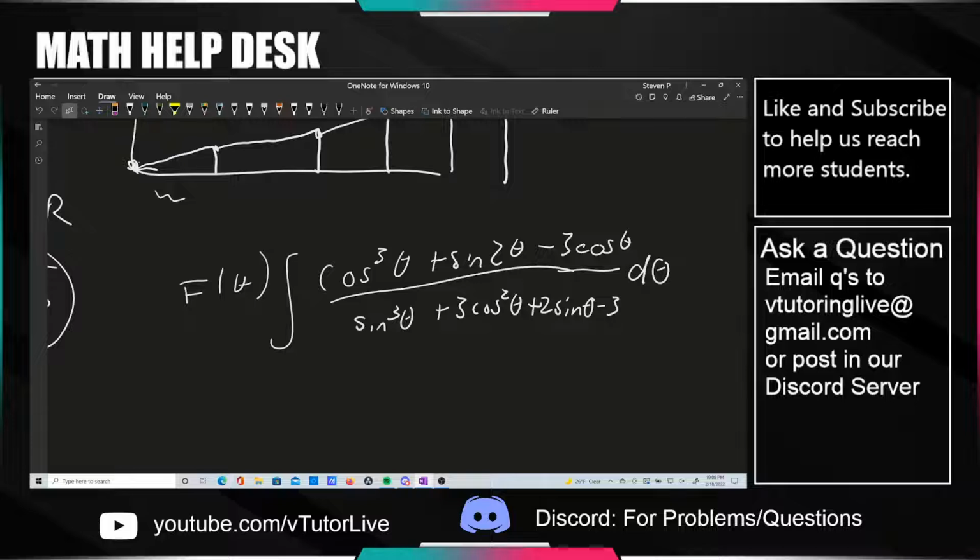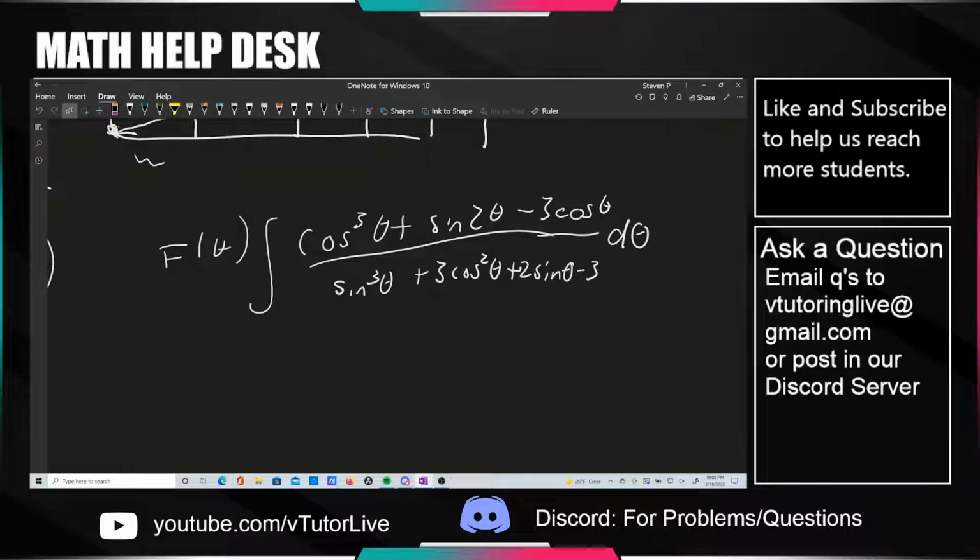Cosine cubed theta plus sine 2 theta minus 3 cosine theta, right?